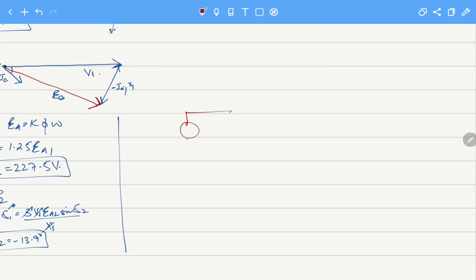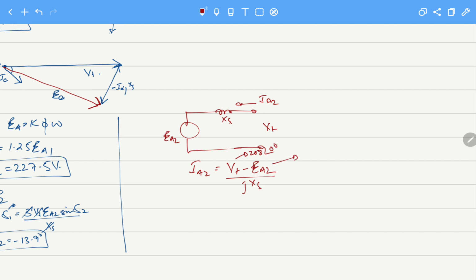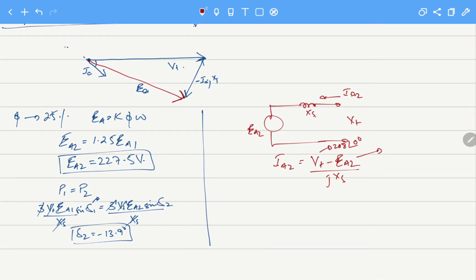Let's draw this again. Now for part 2, there is a voltage EA2 generated. Here VT is the same, this is the current IA, this is X of S. So by KVL the value of IA2 will become VT minus EA2 over jX of S. VT we know is 208 with angle 0 degrees, and EA2 is the voltage that we found, 227.5 with the angle delta 2.